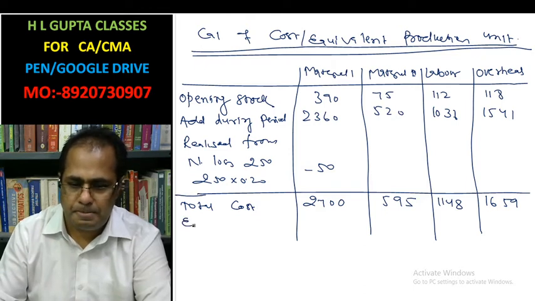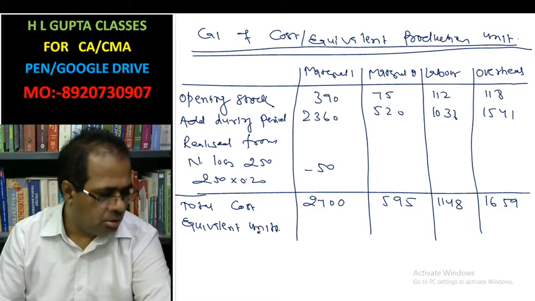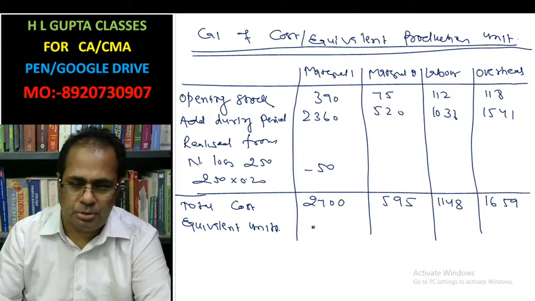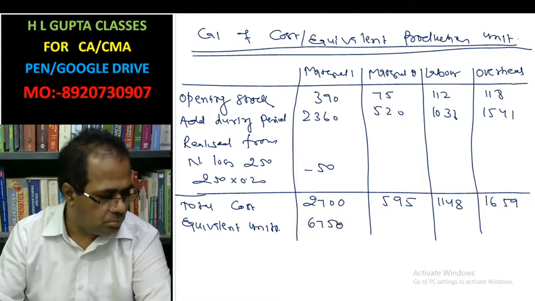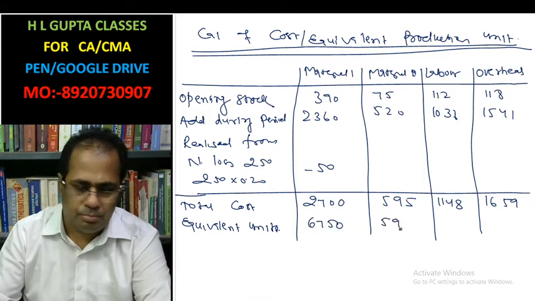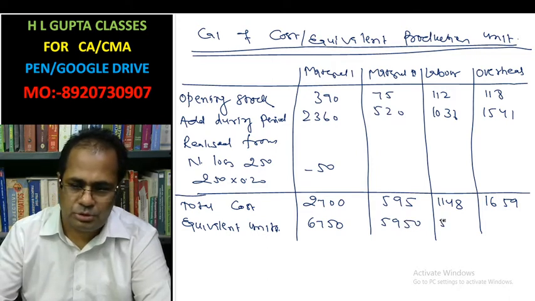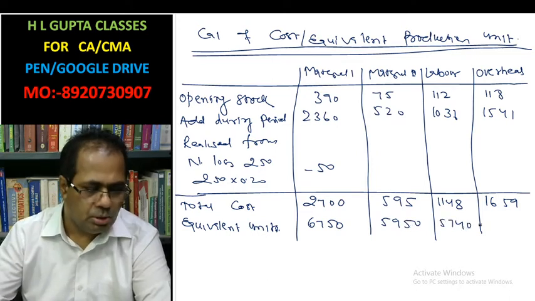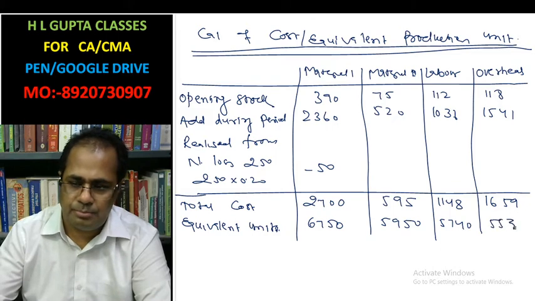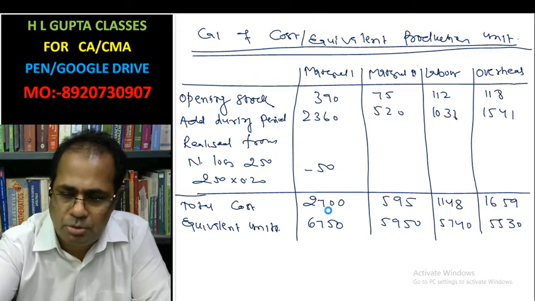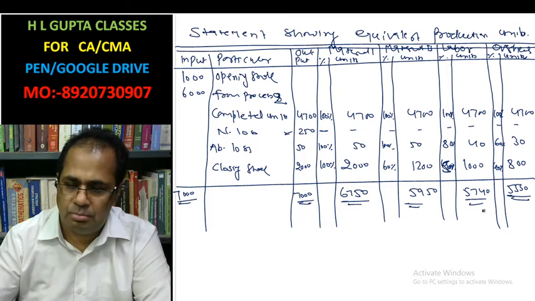Equivalent units, 6750, 5950, 5740, 5530. This equivalent unit is calculated here.